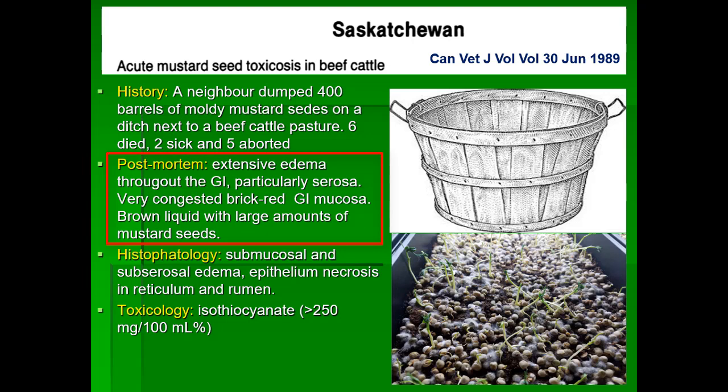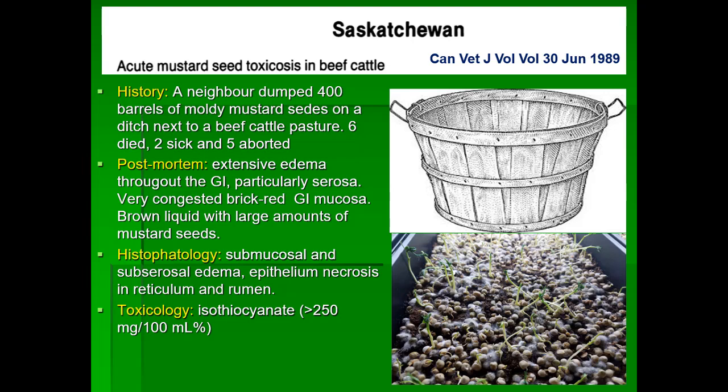The necropsies show severe edema throughout the GI tract, particularly in the serosal surfaces, and when they opened up those rumens there were large amounts of seeds, and the epithelium was brick red in the rumen and the reticulum, and basically the contents were just dark brown, mushy, liquid looking, obviously by presence of blood there.